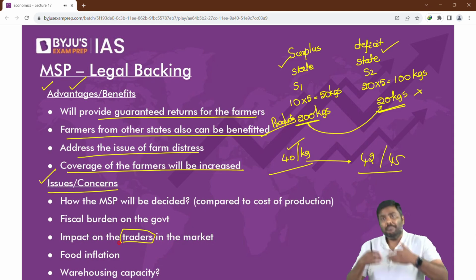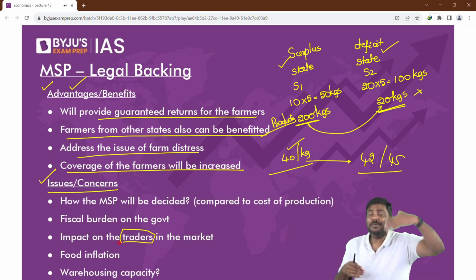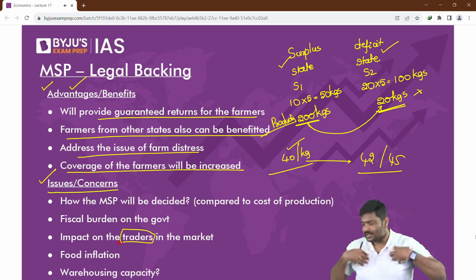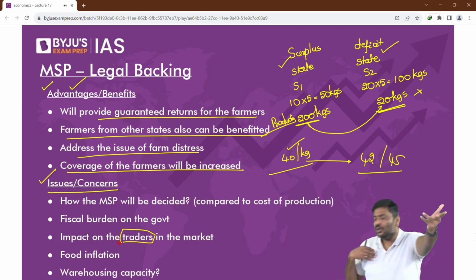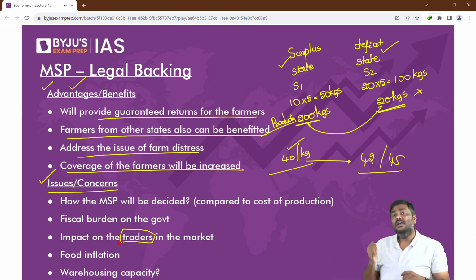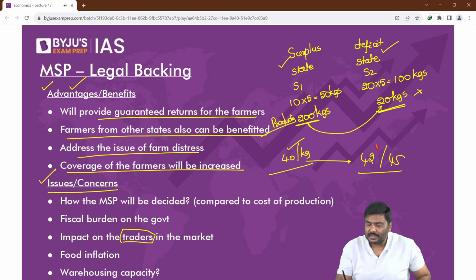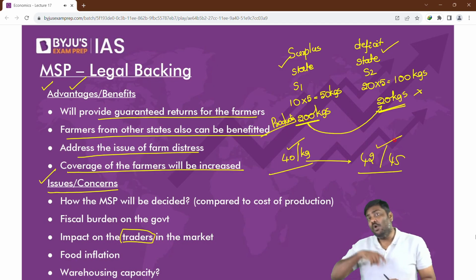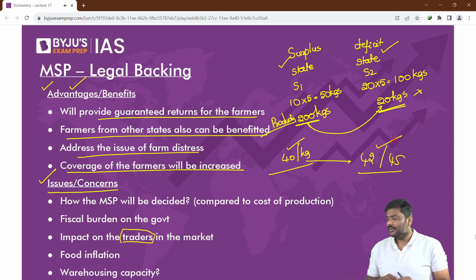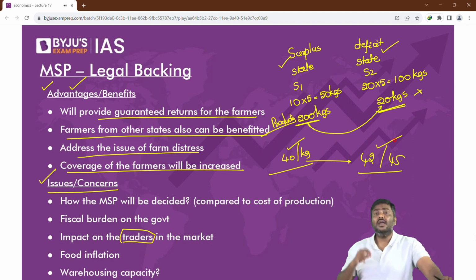Which means the traders in the market. Trader means middleman, who will purchase from the farmers and sell it to me, sell it to you, sell it to your relatives. Those traders, can I simply say, they will have to pay more money for it? Is it okay?